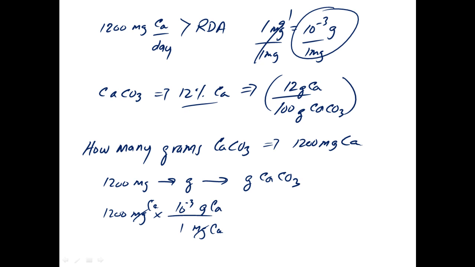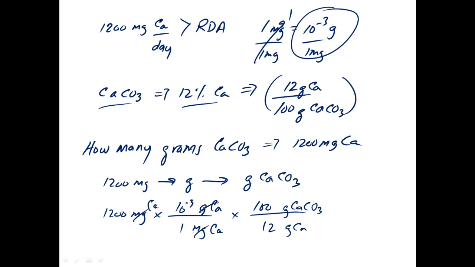And so let me put calciums here just to keep this in line. So the next thing we need to do is convert this from grams of calcium to grams of calcium carbonate. Well, where's that relationship? It's up here where they said that calcium carbonate is 12% calcium, and here's our relationship. So we're going to put the 12 grams of calcium in the denominator and the 100 grams of calcium carbonate in the numerator.